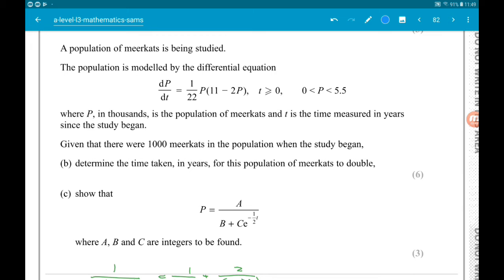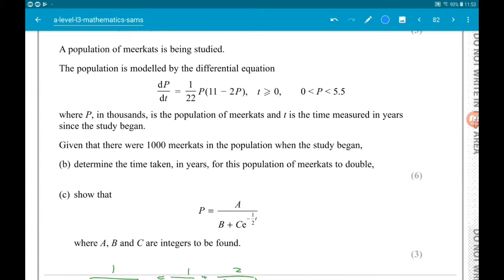Given that there were 1,000 meerkats in the population when the study began, part B, determine the time taken in years for the population of meerkats to double. 6 marks. So, what we need to do is solve the differential equation.